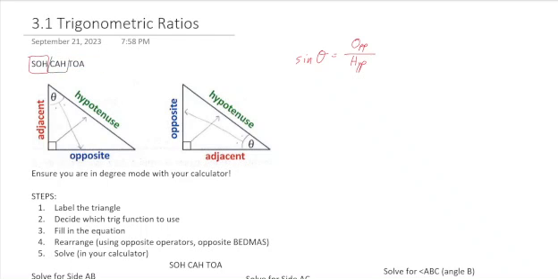The second part is the CA, which is cos of the angle equals adjacent over hypotenuse. And the third one is TOA, which is tan of the angle equals opposite over adjacent.